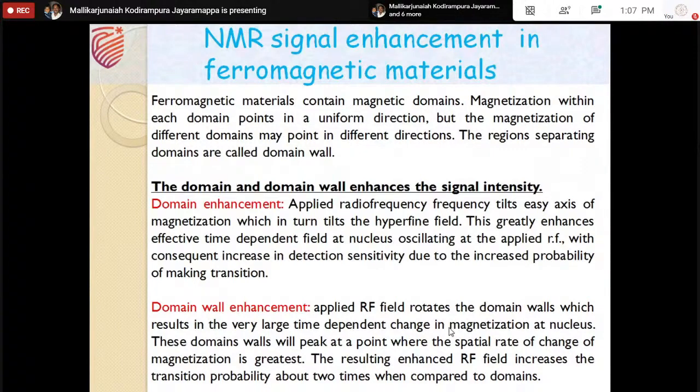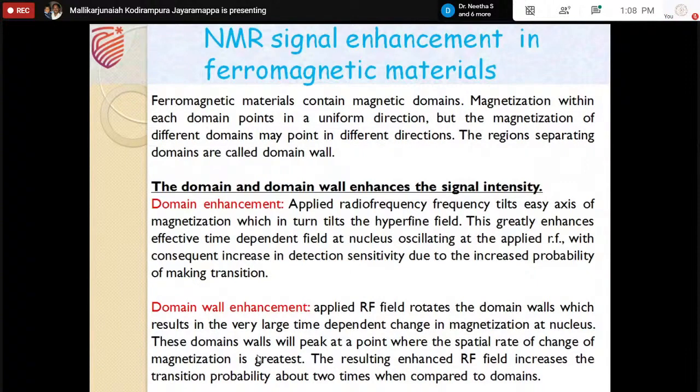This results in an enhanced RF field, which increases the transition probability about 2 times when compared to domains. Whenever we study these magnetic systems, this enhancement must happen for us to observe the internal field NMR signal. That happens when we have these domains and domain walls.